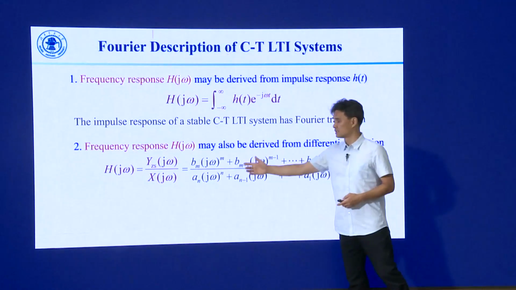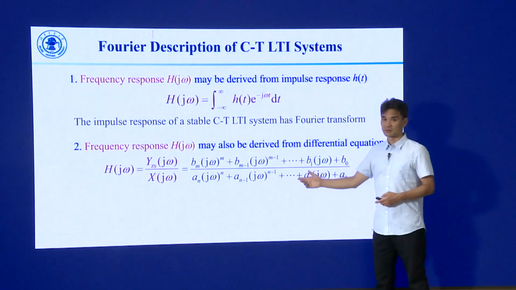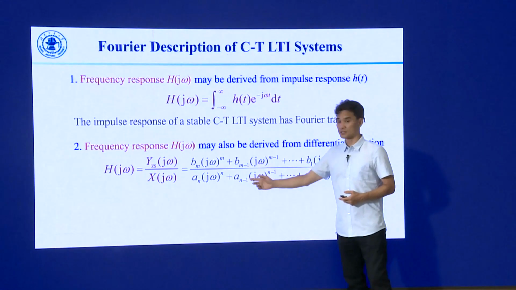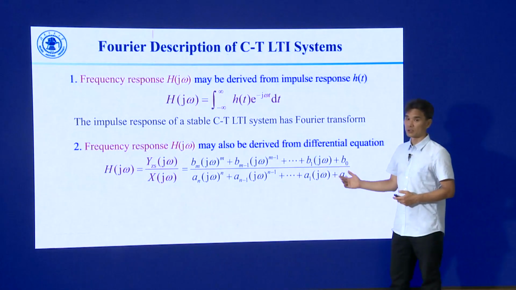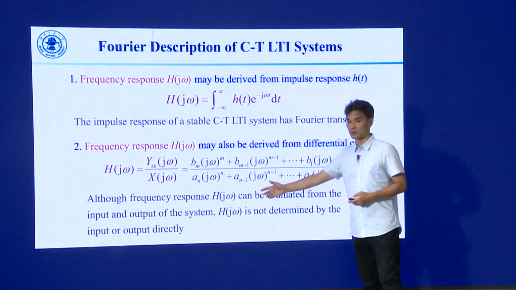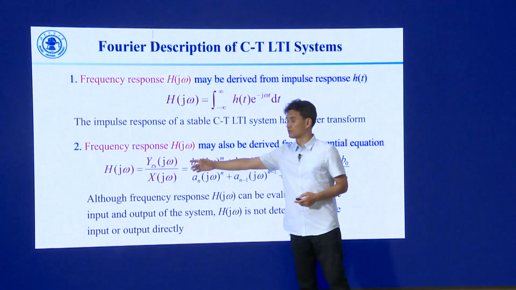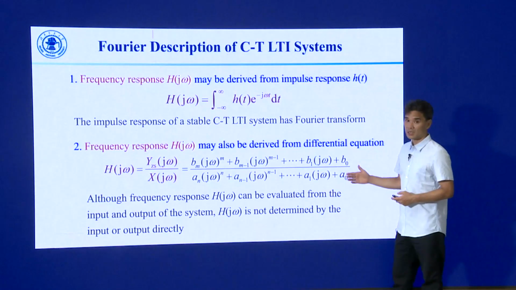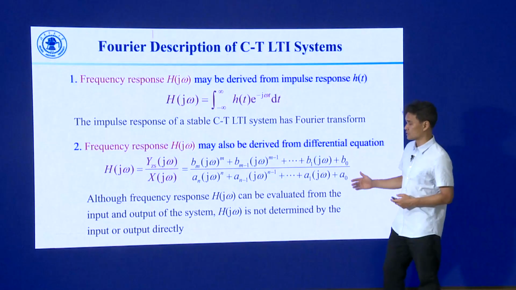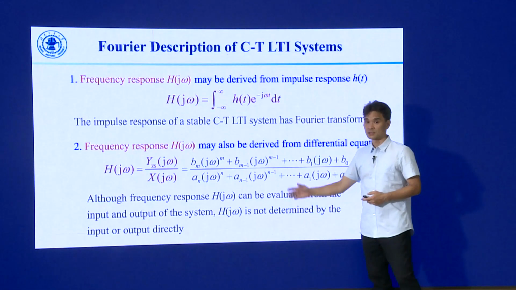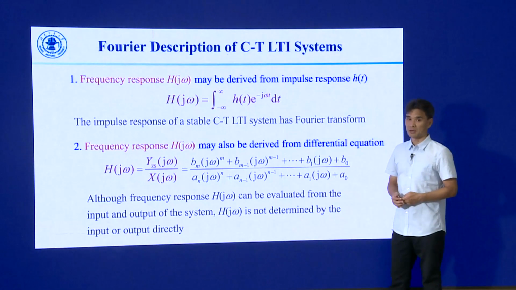And we know that this frequency response is determined solely by the coefficients in the differential equation. Although the frequency response H of j omega is defined by this ratio, we can see that the actual value has nothing to do with the selection of the input or the system's zero-state response.